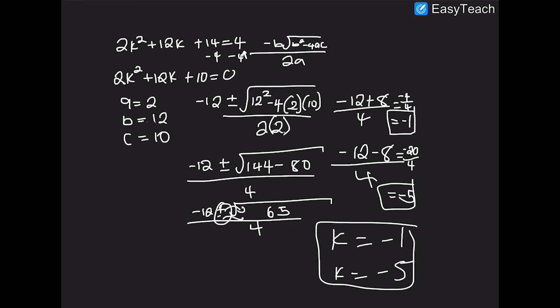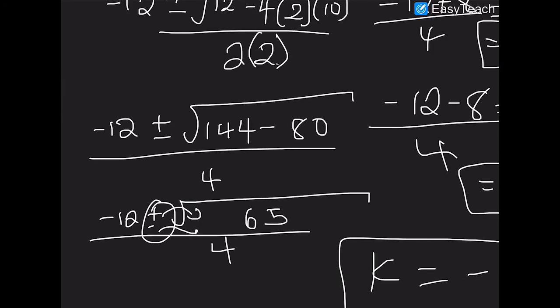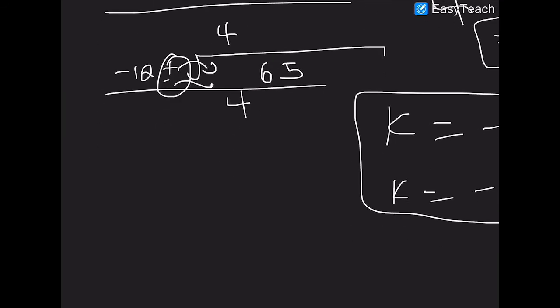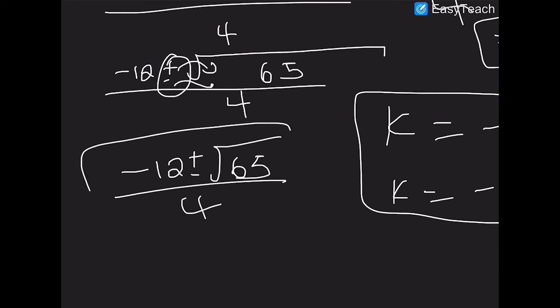What would be my answer? You can try and square root it, but really, you can get away with just doing negative 12 plus minus square root 65 over 4. And that will be your final answer.